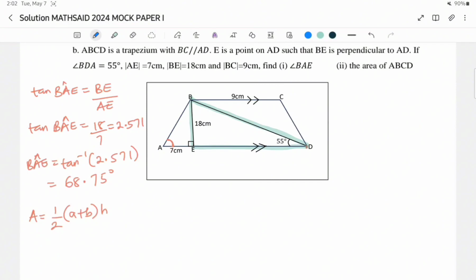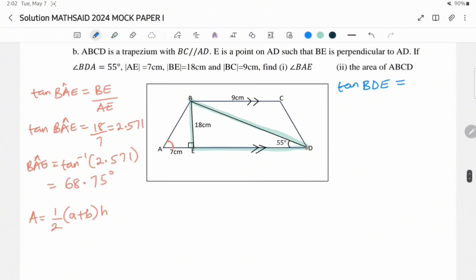So in this case, tan BDE, which is given to us as 55 degrees, will be equal to the opposite side, which is 18 centimeters, BE divided by the adjacent side, which is ED. That means tan 55 degrees equals 18 divided by side ED, right?